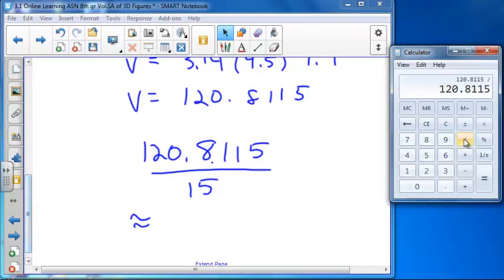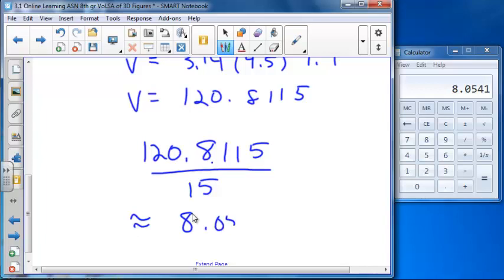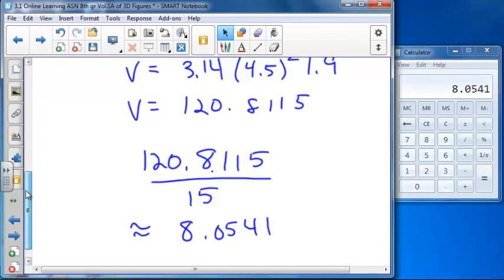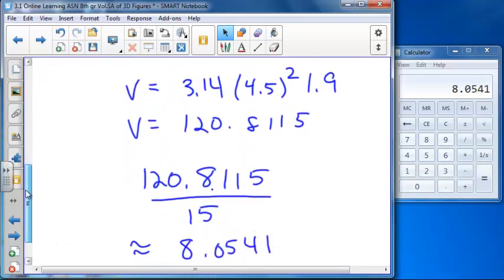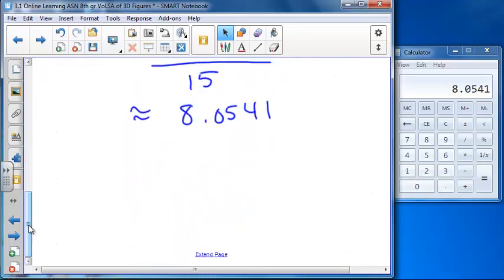Let's compute the rate now by dividing by 15. Round this to the nearest hour. It will take us 8 hours to drain the pool.